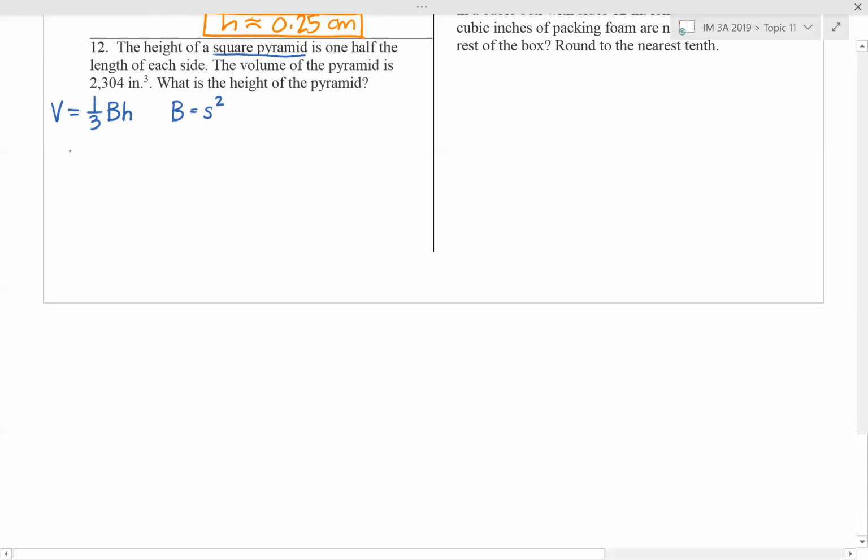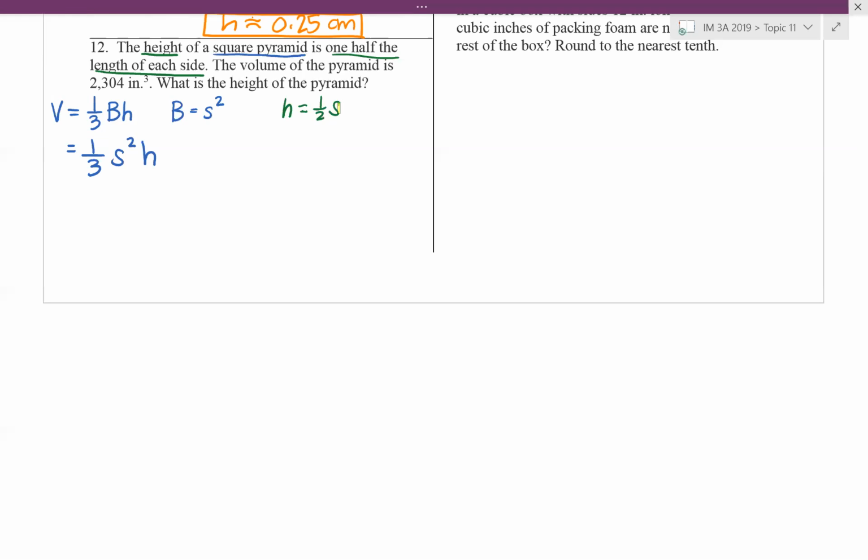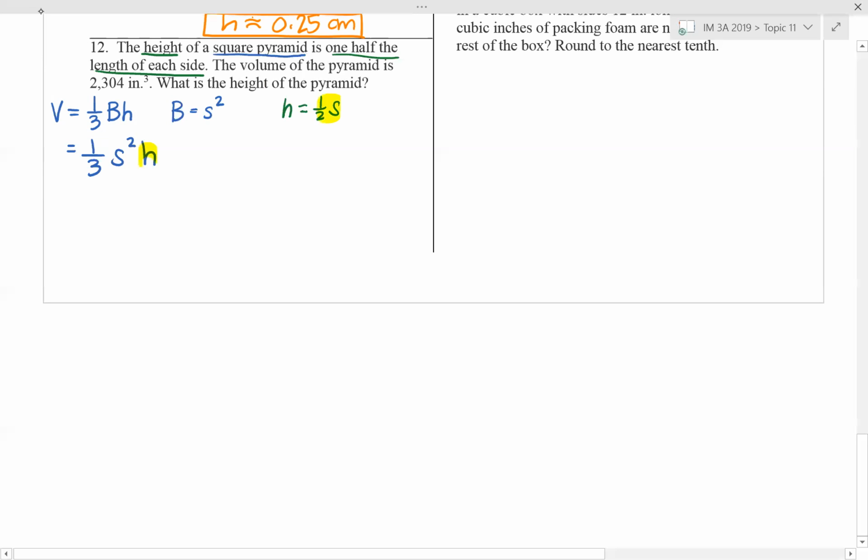So the formula for a square pyramid is 1/3 times s squared times h. They're giving us a relationship between the height and the side. So they're telling us h equals 1/2 of s. So what we can do then is plug 1/2 s in for h.